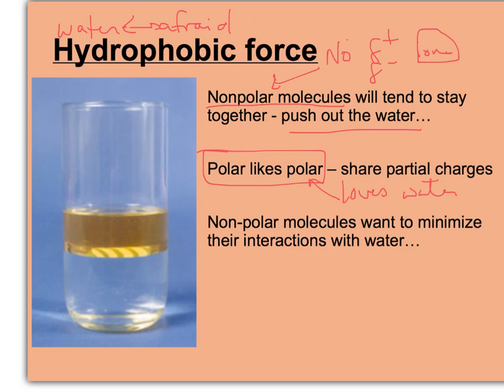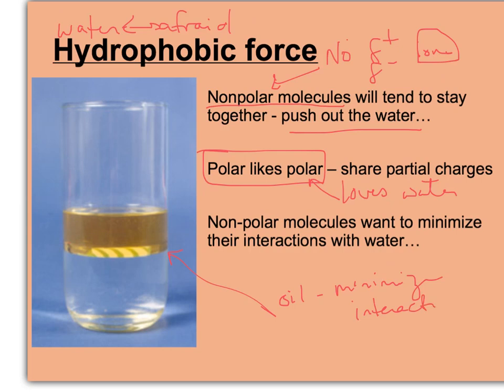So what is shown in this image? This image shows you some oil and water. The oil has all separated out from the water. If you were to mix this together, the oil would be in little droplets mixed with the water, but they will then glom together. They will aggregate. They will try to minimize their interaction with water.